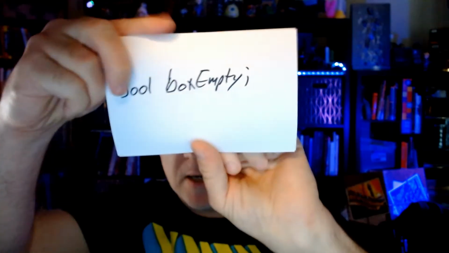If we dump out the cards, we'd have to set it, of course, but then, is the box empty? True. And so you can use Booleans to keep up with different things, simple things, and more complicated things along the way, to help you.